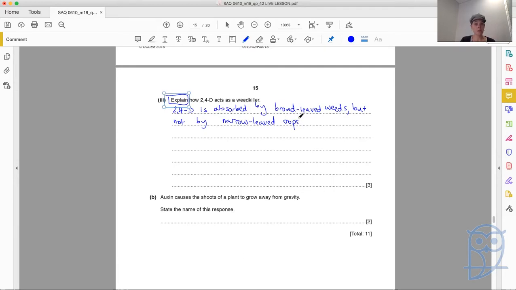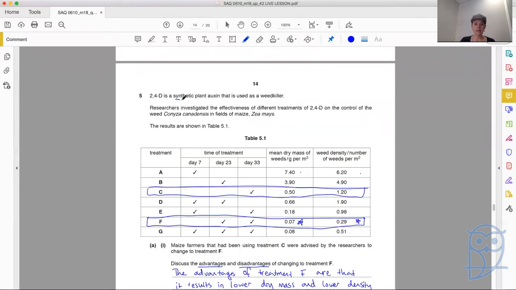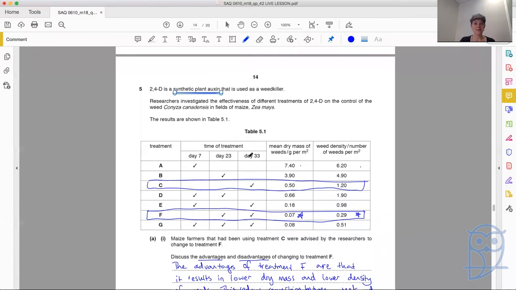And they've told us that we're dealing with maize here. And maize is very much a narrow-leaved crop. Okay, what happens? 2,4-D, remember, they even reminded us, it's a synthetic plant auxin. Auxins are all about growth.